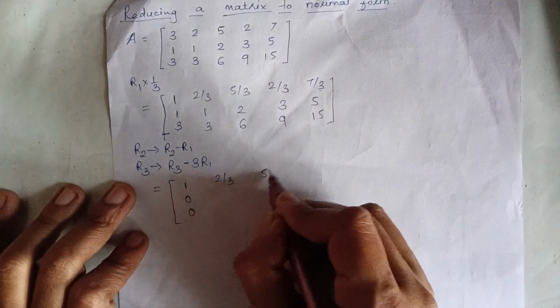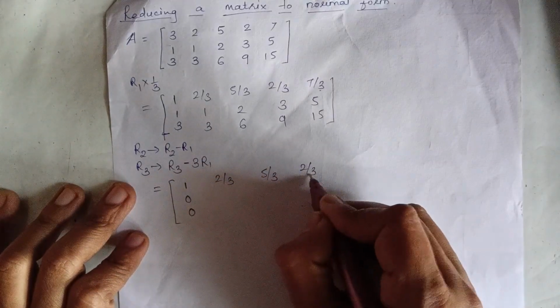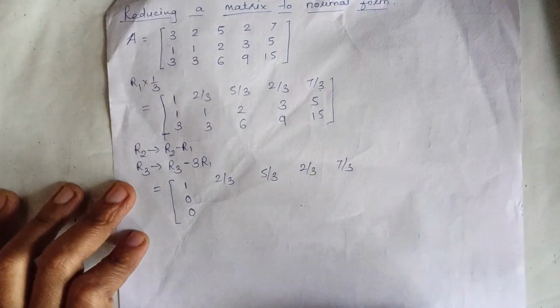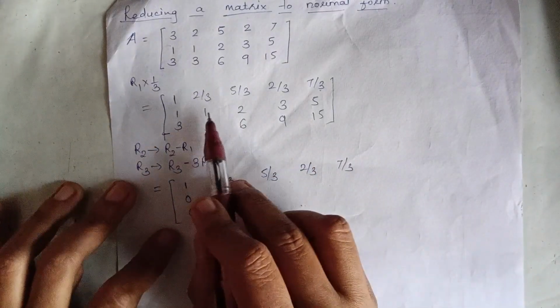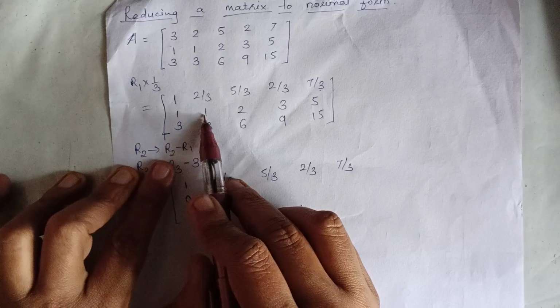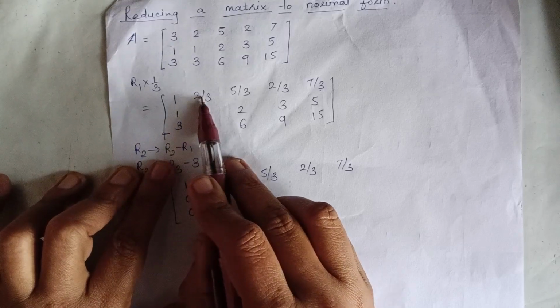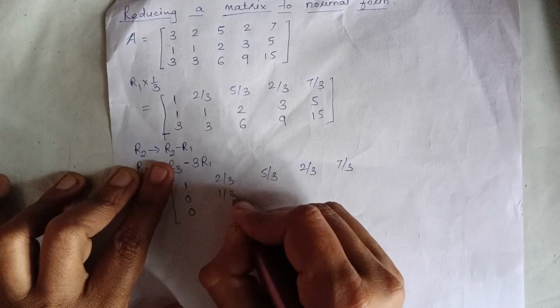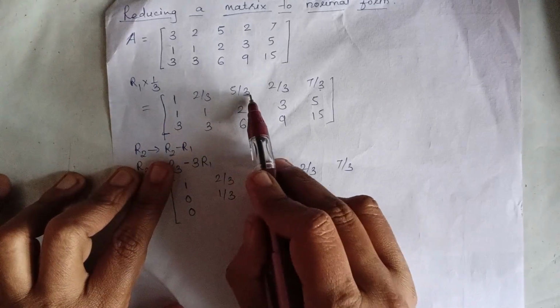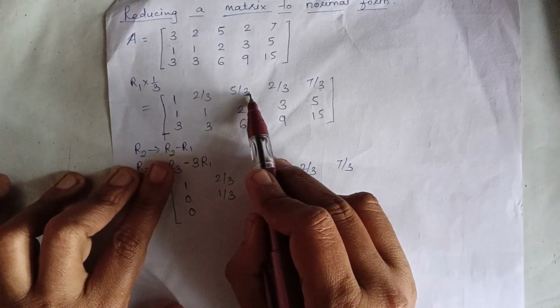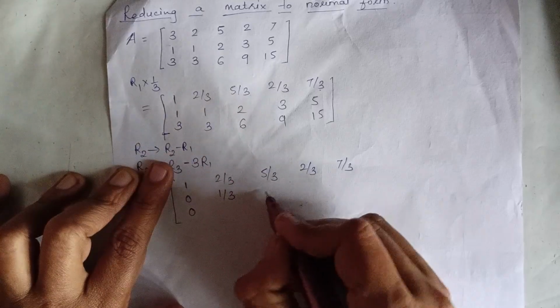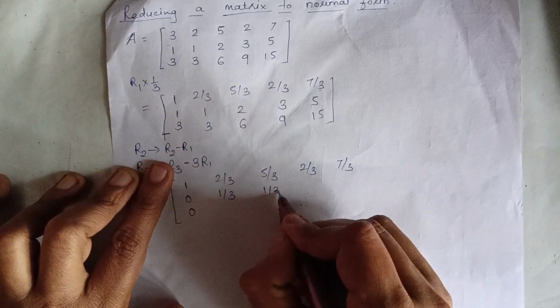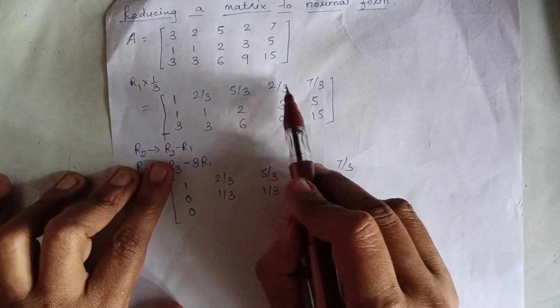R1 remains same. R2 minus R1: 1 minus 2 by 3, so 3 minus 2, 1 by 3. 2 minus 5 by 3, so 6 minus 5, 1 by 3. 3 minus 2 by 3.